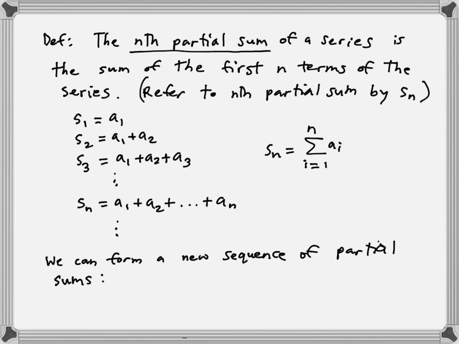So the sequence looks like this. That's the sequence that we're talking about, okay? We know about sequences by the last section, and so now it makes sense that we can talk about the limit of this sequence, okay?